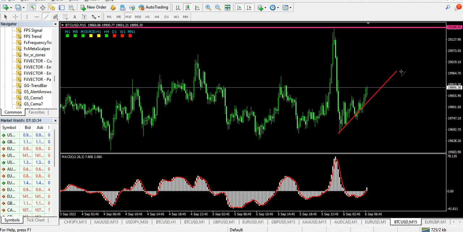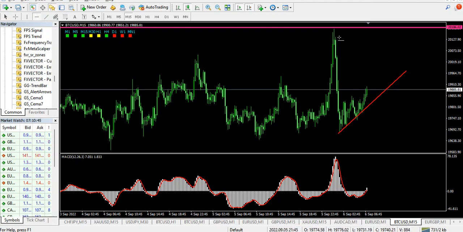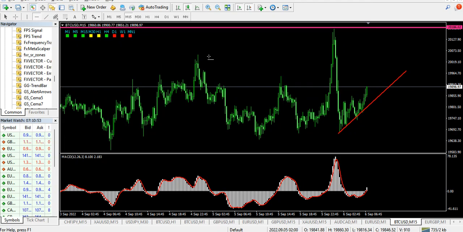Yes, the trend is up here, meaning every top and bottom, higher high and lower low, shows us the trend is up.